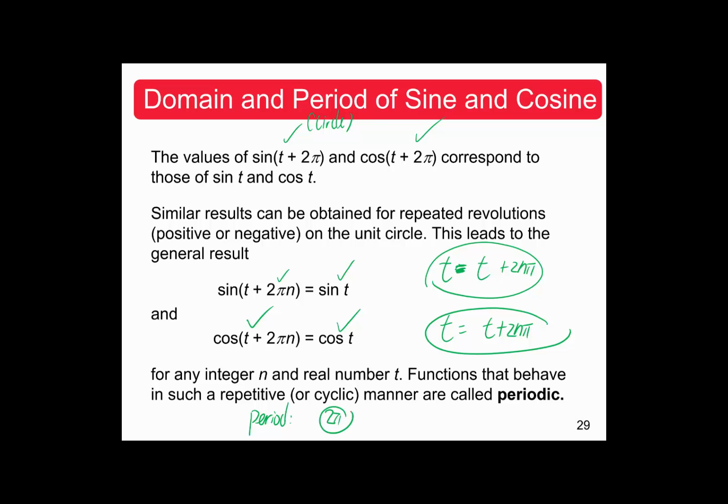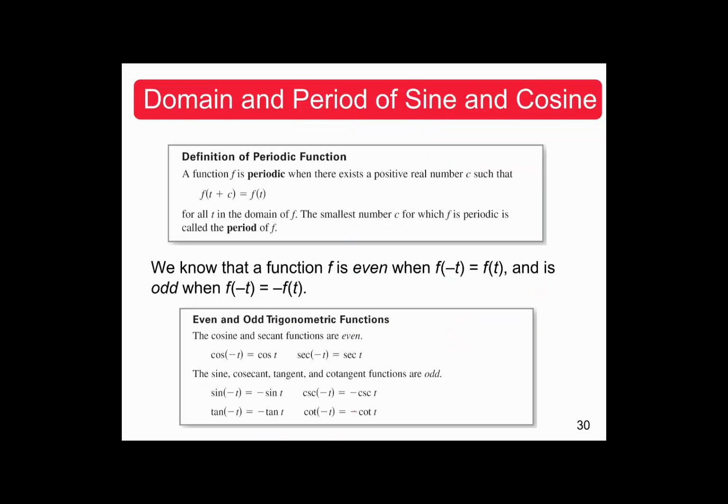And both functions are periodic functions. The definition of a periodic function is: a function f is periodic if there exists a positive real number c such that f of t plus c equals f of t. In the sine case, it will be sine of t plus 2n pi equals sine t.